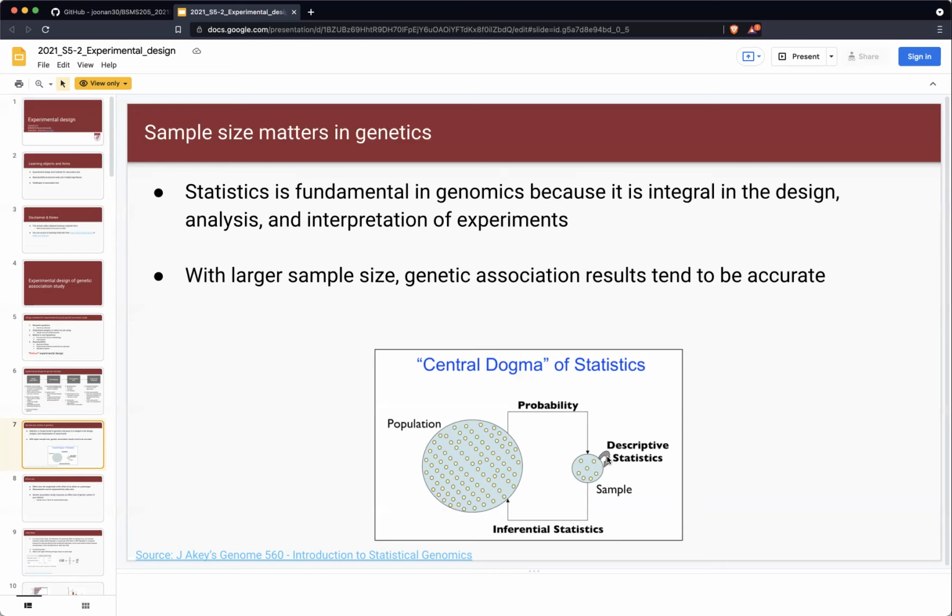Those 300 people might not represent the characteristics of depression in the original population. So when you conduct a genetic study, but also biomedical research, you always have to think about the samples and make a good estimation of the sample size.